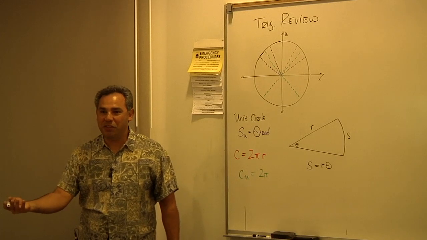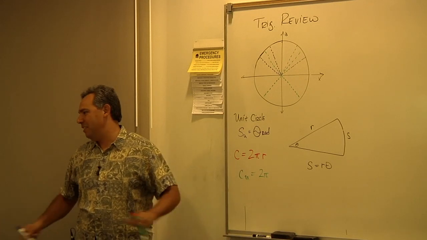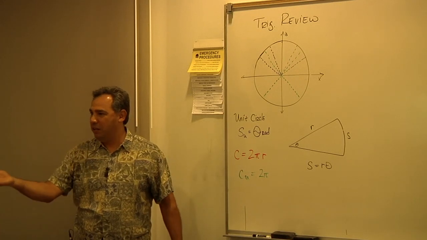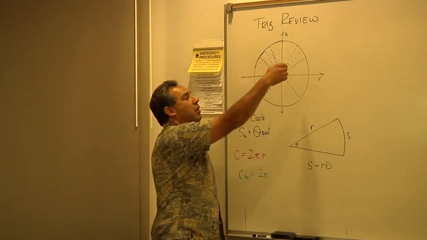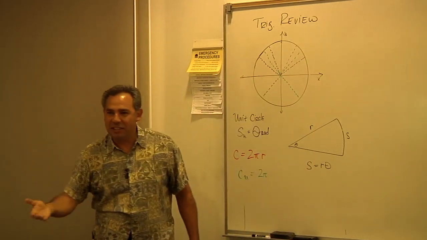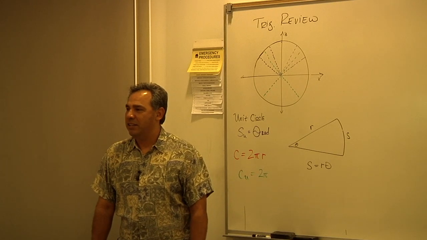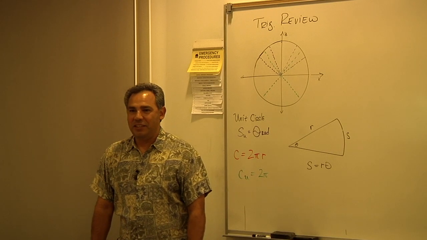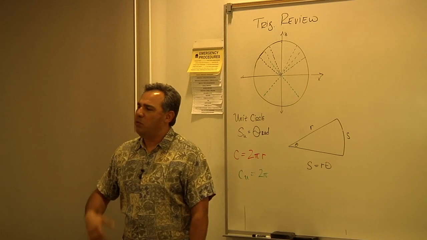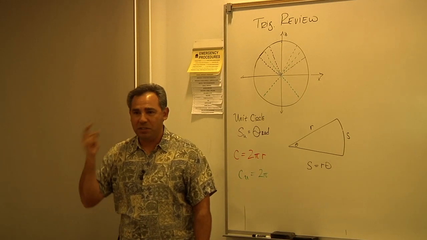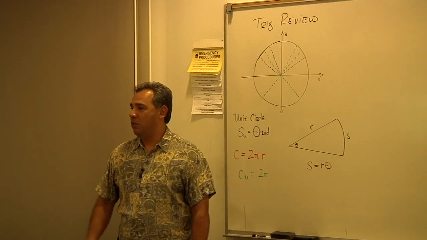Remember, pi over 6 is 1/6 of pi. It's that easy. Pi is equivalent to 180 degrees, right? Because that's the length of the arc. So obviously 1/6 of pi is 30 degrees. What's 1/3 of pi? 60 degrees. So when you're talking about angles involving pi over 6s, you should be thinking 30 degrees.